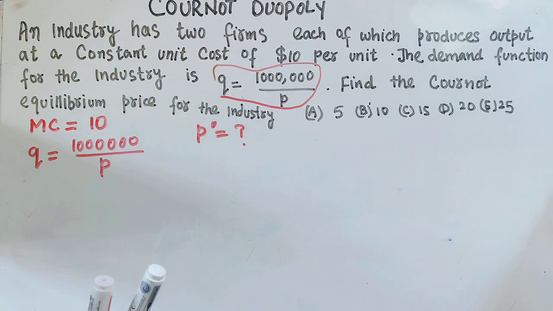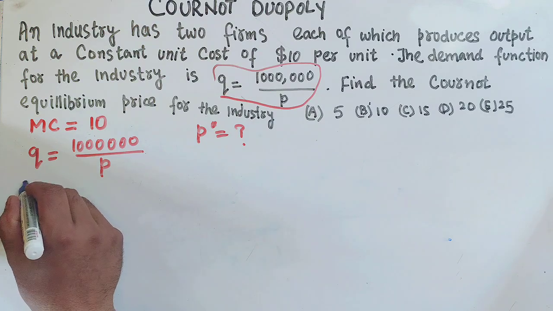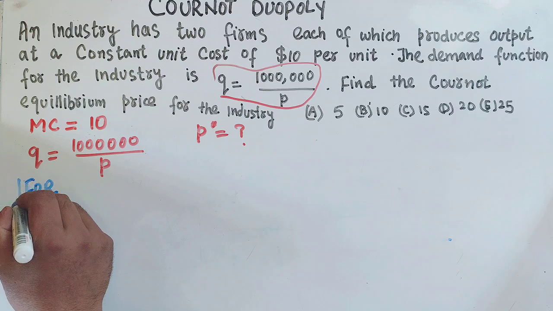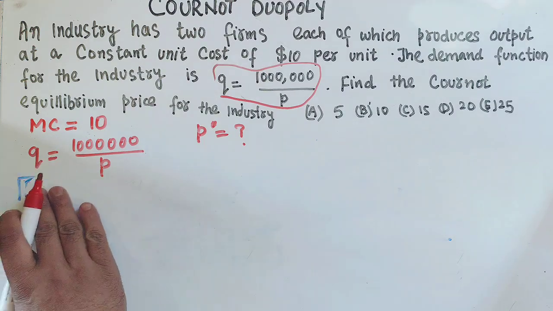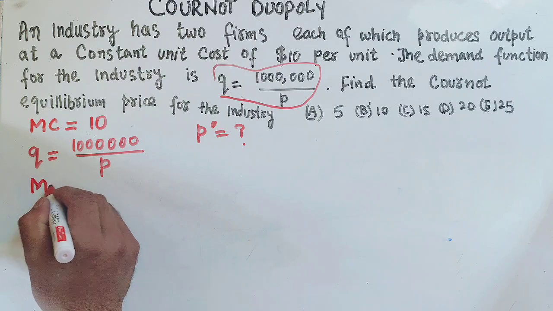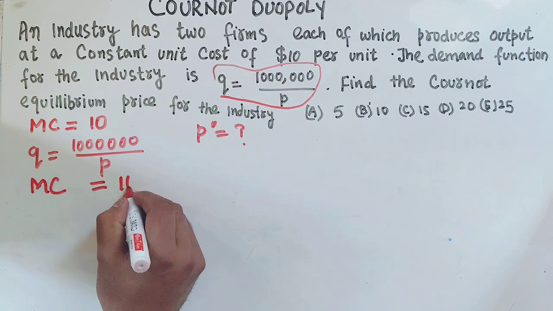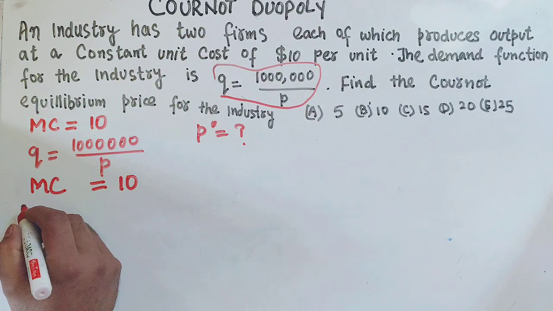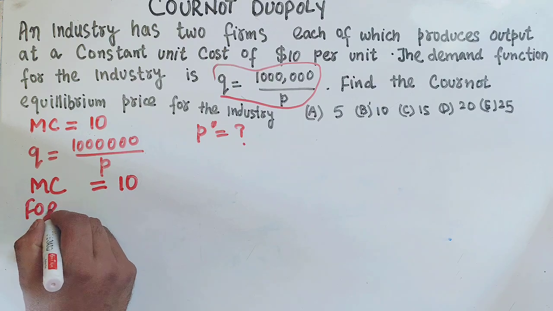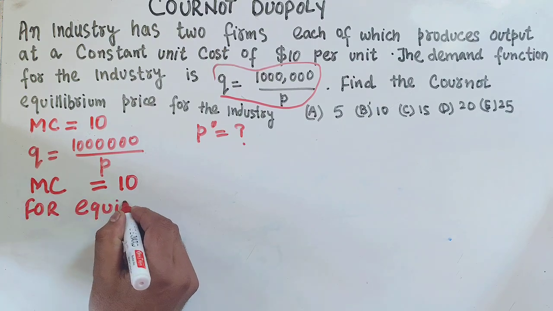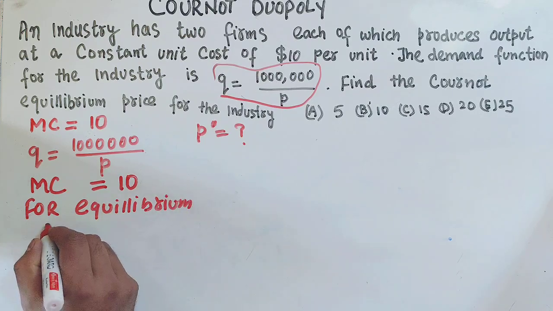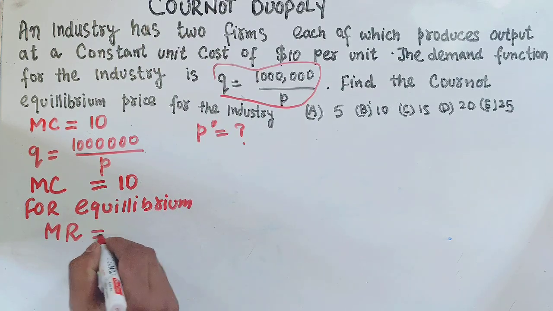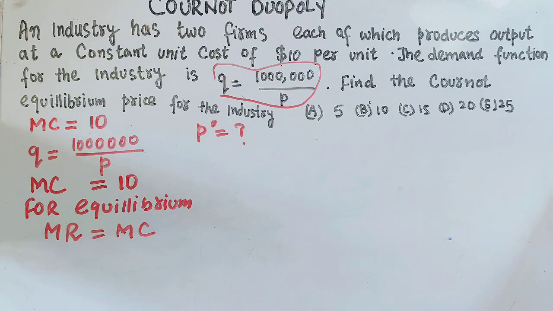Having said that, now for equilibrium we know that the marginal cost of each firm is given as $10. For equilibrium, we equate the marginal revenue with the marginal cost.